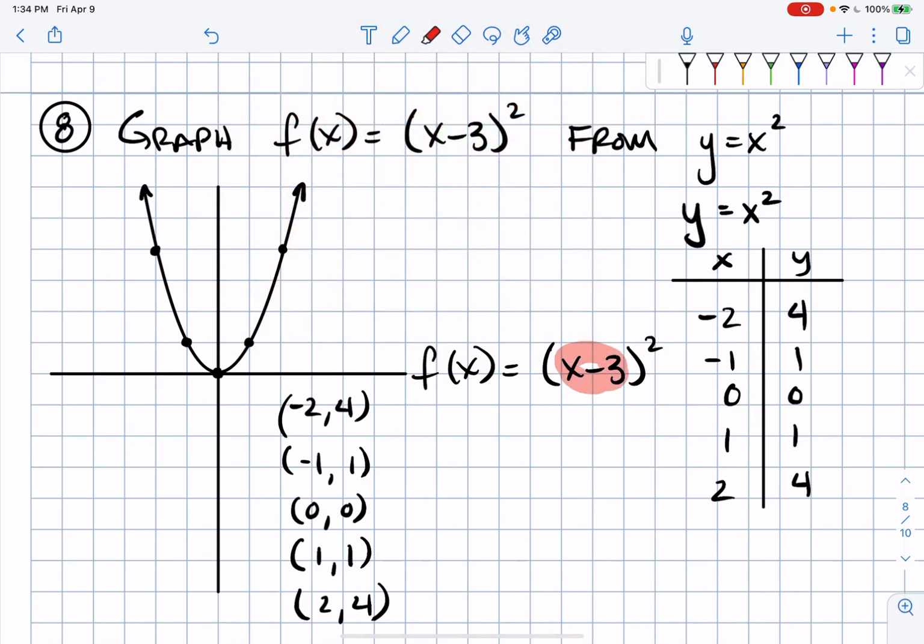This is going to tell me that it's going to affect the x value, right? And anything affecting the x value is kind of backwards. So x minus 3 means it's going to move to the right 3 times. So since it's going to affect the x value, let me do this first.